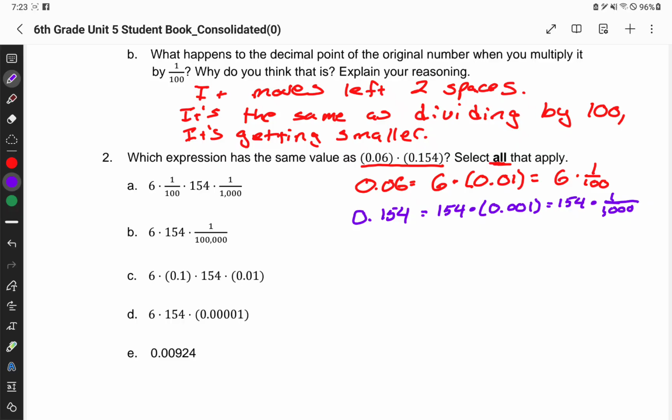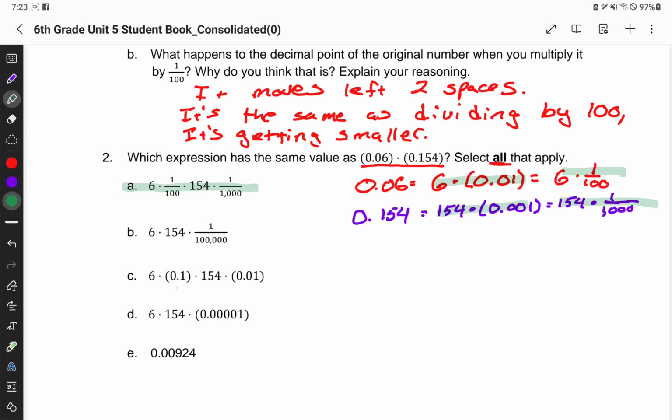So we are looking for answer choices that have these. Choice A has 154 times 1 over 1,000 and 6 times 1 over 100. So A works.